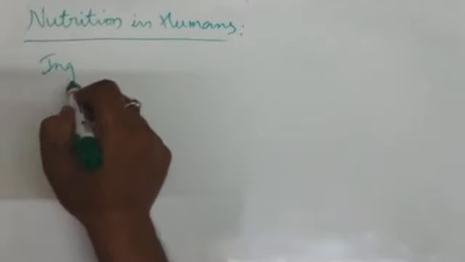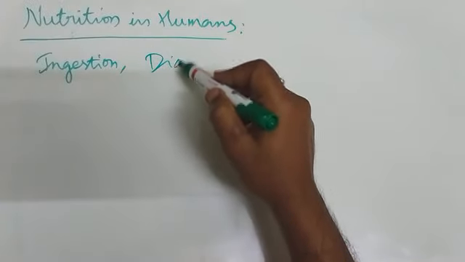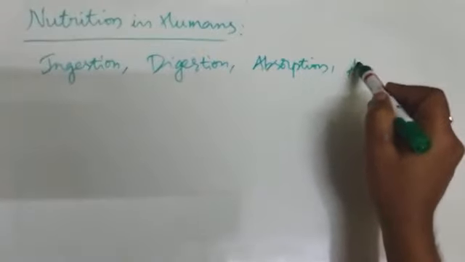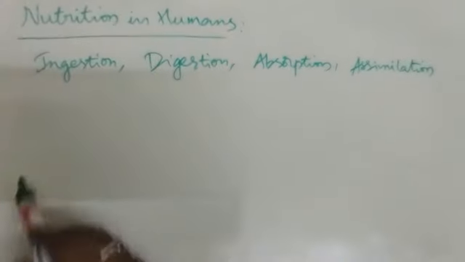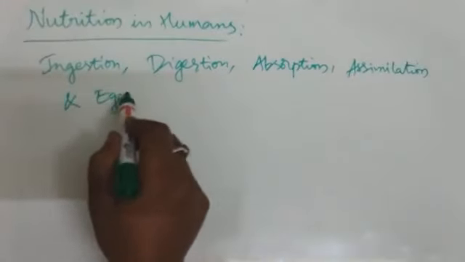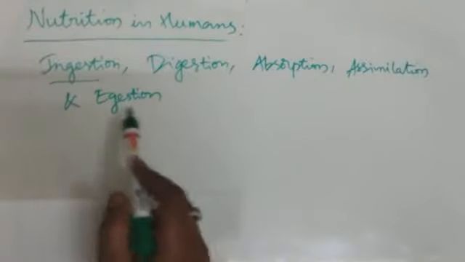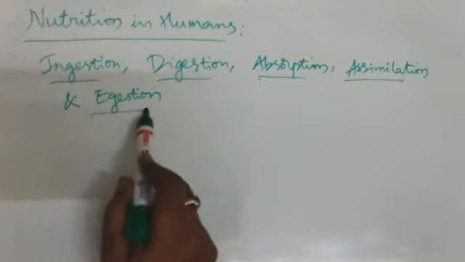They are ingestion, digestion, absorption, assimilation, and egestion. So nutrition in human beings is completed in a total of how many phases? 5 phases. Ingestion, digestion, absorption, assimilation, and egestion.